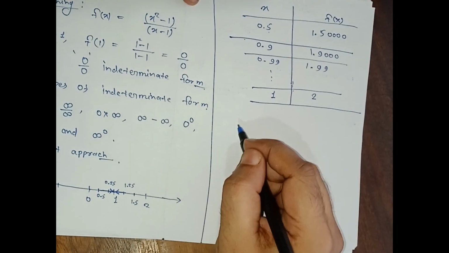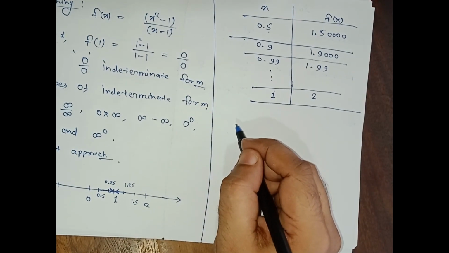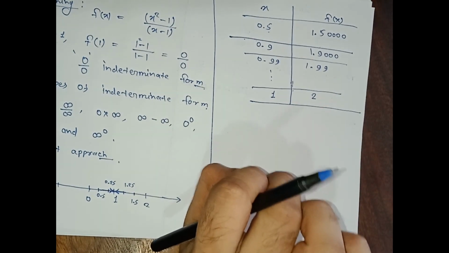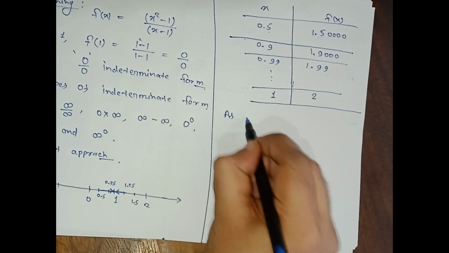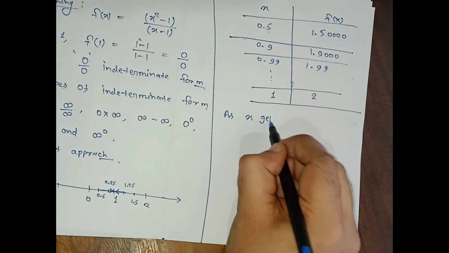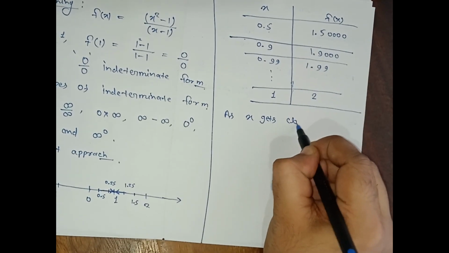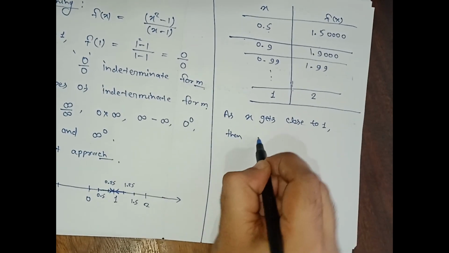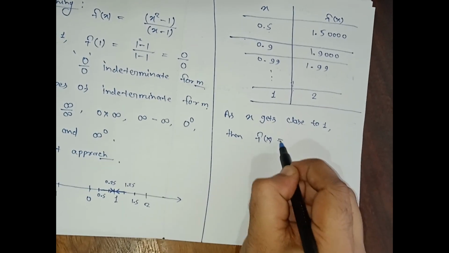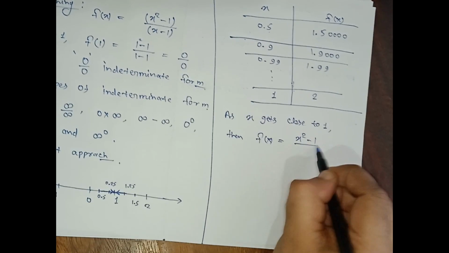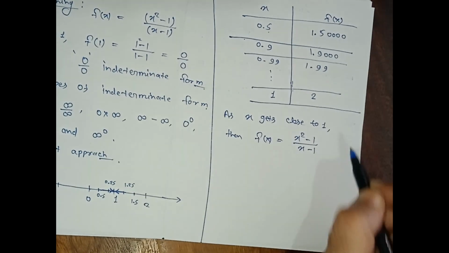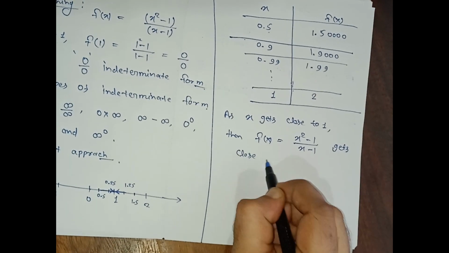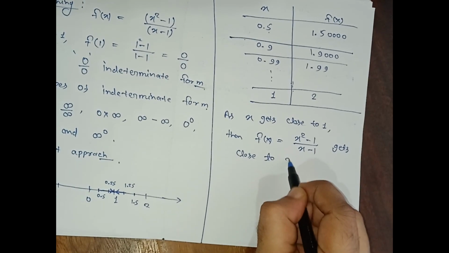Okay, so from this we can see that as x gets close to 1, then f(x), our function, which is (x squared minus 1) upon (x minus 1), gets close to 2.